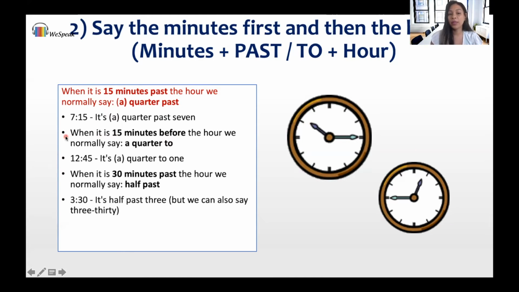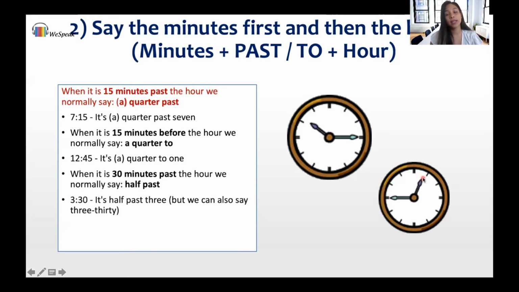When it is 15 minutes before the hour, we normally say a quarter to. Look at the second clock. 5, 10, 15. It's a quarter to and the next hour. A quarter to 1.